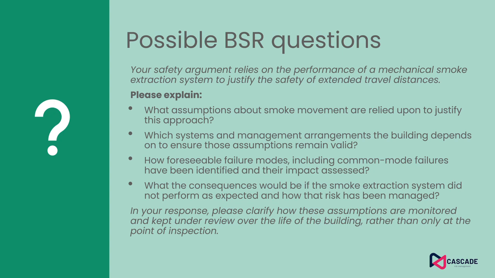Now, this is actually the sort of language that the regulator asks, and I encourage you to use this kind of thinking when you're writing your safety case, because this is all wrapped up in the safety management system, and that's where a mature organisation will want to get to.